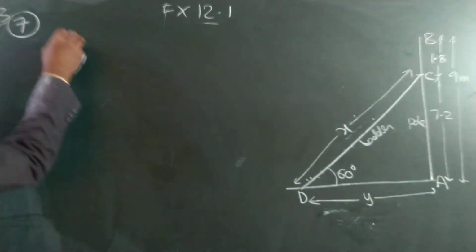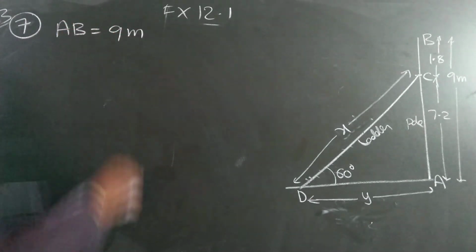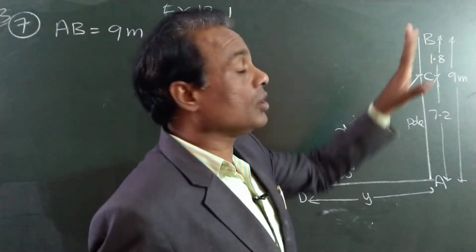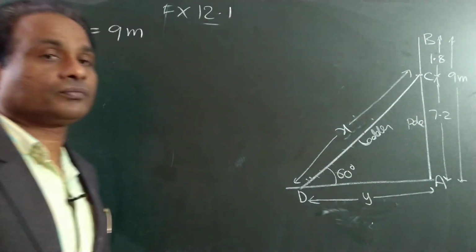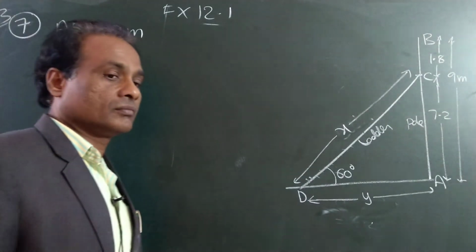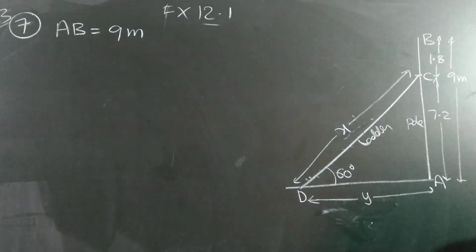Height of the pole AB is equal to 9 meters.